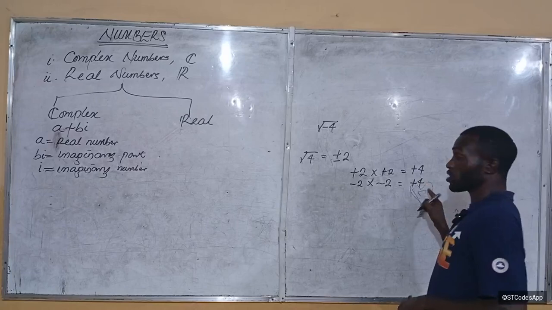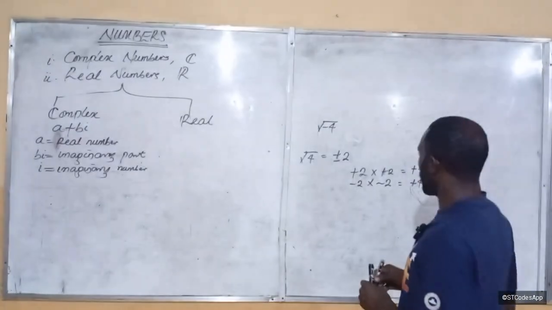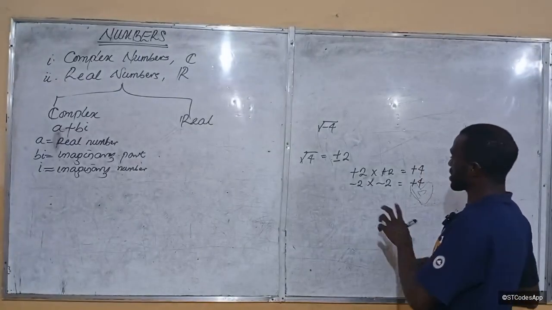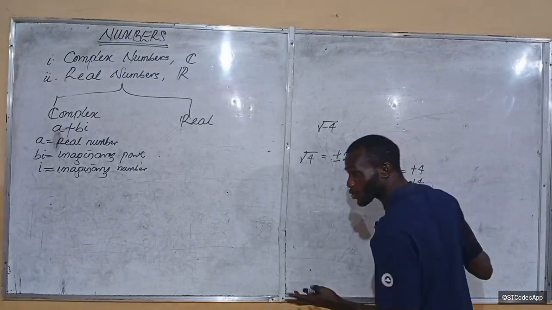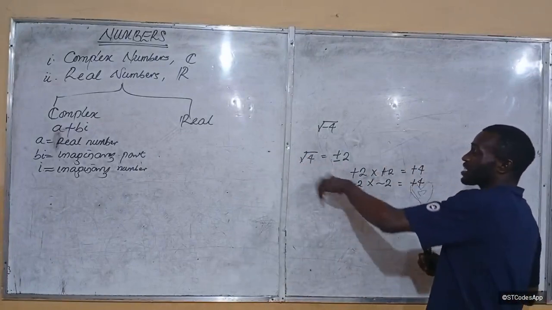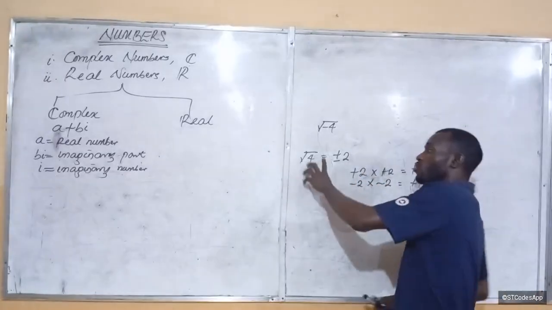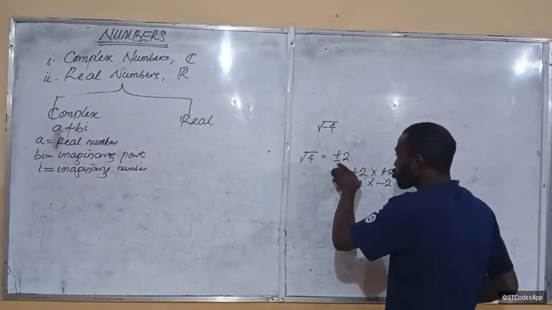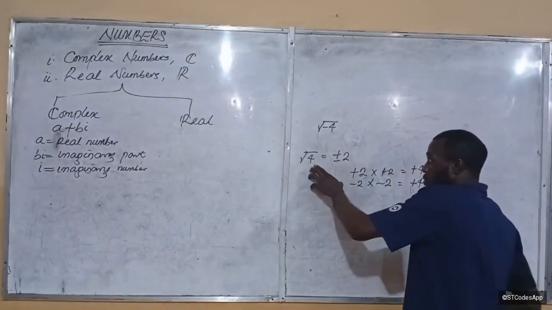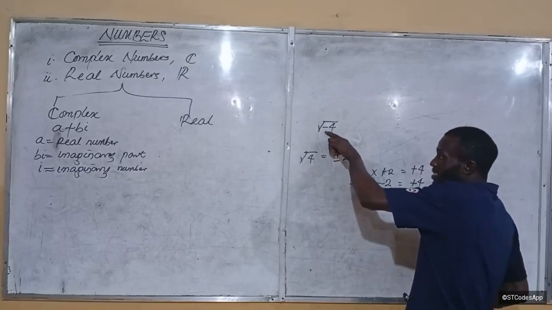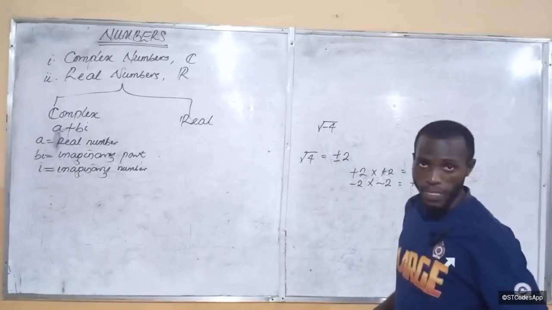What square root means is: what number will multiply by itself to give me the number here. Here it is plus 2 or minus 2 that will multiply by itself to give me 4. But there is no number that will multiply by itself to give me negative 4.